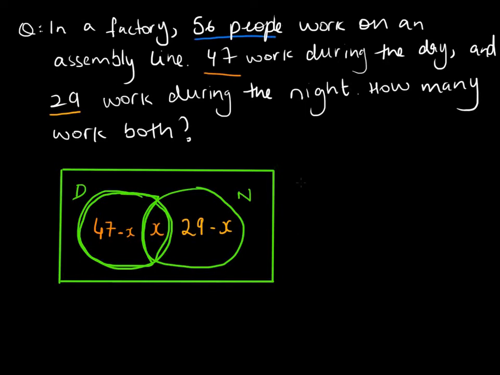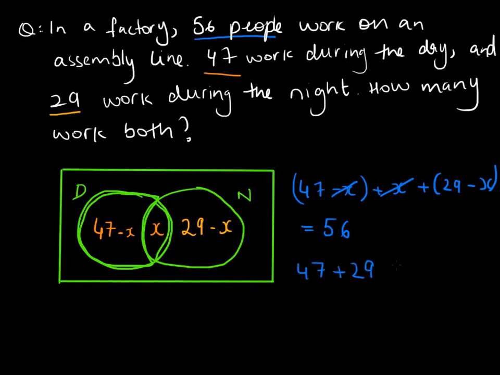So that means that 47 minus X plus X plus 29 minus X should equal 56. So now if we cancel out this X and this X, because that would just give us a 0, that would result in 47 plus 29 minus X equals 56.